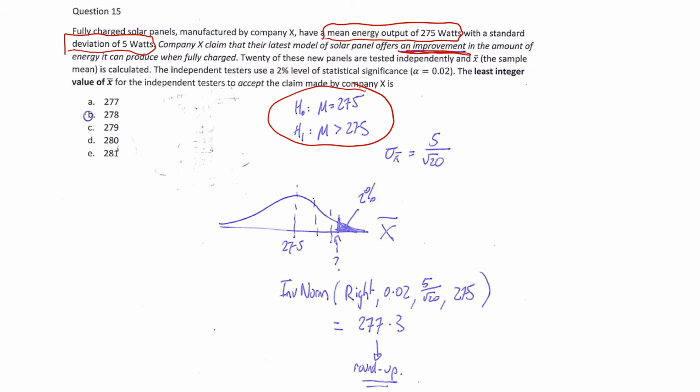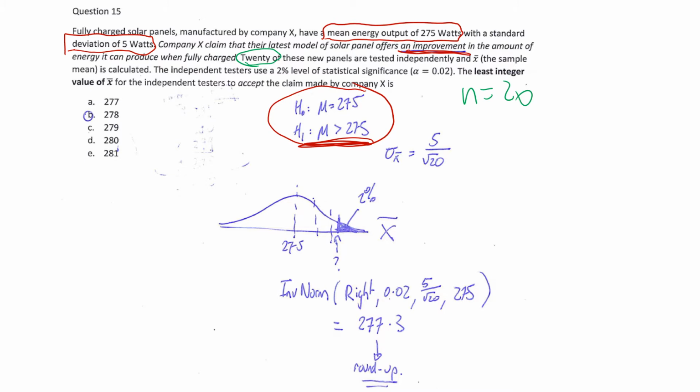And our alternate hypothesis is that things have improved, and we can verify their claim that the mean energy output has improved, is greater than 275. Now, the independent testers take 20 of these. So n is equal to 20. Okay, and they generate a sample mean.